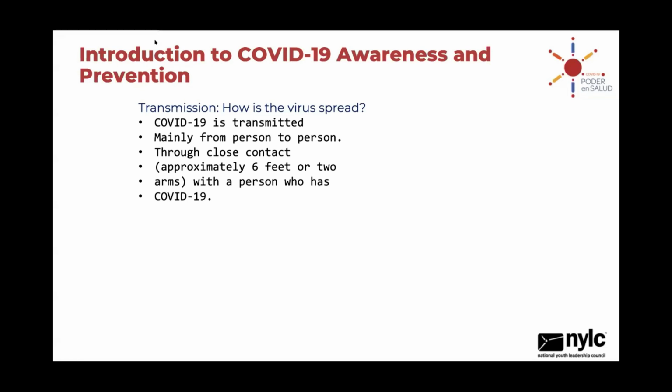So with COVID-19, social distancing has been agreed upon to be approximately 6 feet, or 2 arms width, away from someone else. With this distance, you are able to stay away from another person who might be confirmed positive. As Victor mentioned, it's mainly passed from person to person, but it is more known to have spread to anyone who is 6 feet or less from the person next to them.